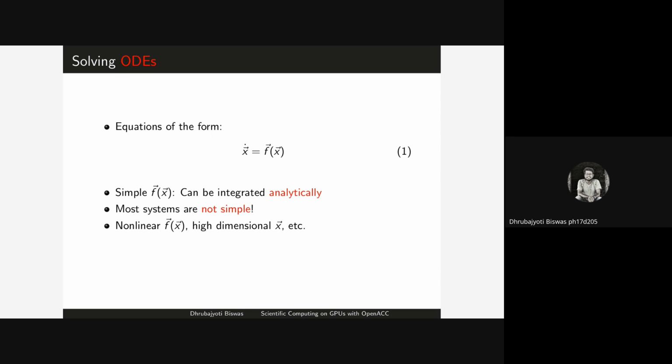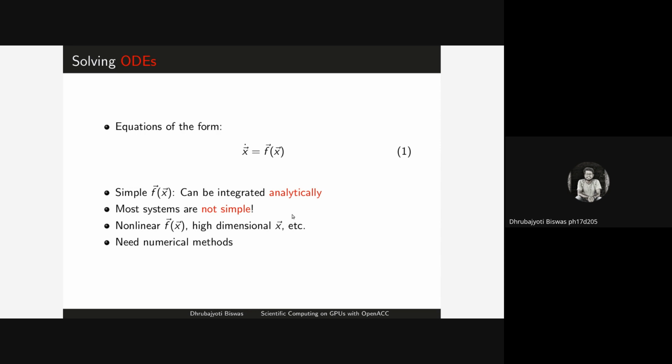In those scenarios, it is next to impossible to integrate them analytically, unless they have a very special mathematical form. And by integrate, I mean you have to solve the equation and find x as a function of time. So in those situations, you have to do a numerical integration.